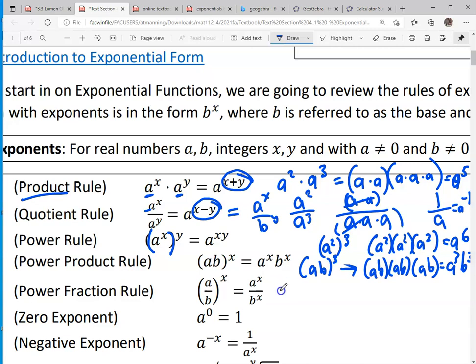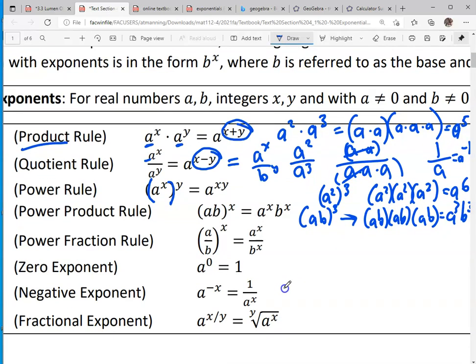Just a few more rules, and then some problems that we then use those rules to solve. For any number a, a to the 0 power is equal to 1. That's basically saying a multiplied by itself 0 times.